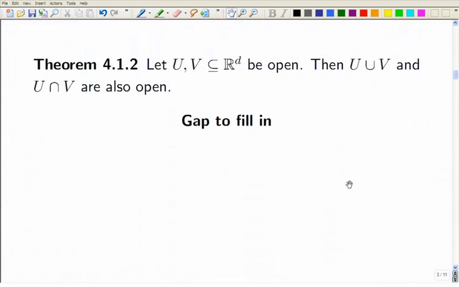Well, based on that fact, we'll use that to prove that the union of two open sets is open. We'll have to have a different proof for the intersection. So let's do the union first.